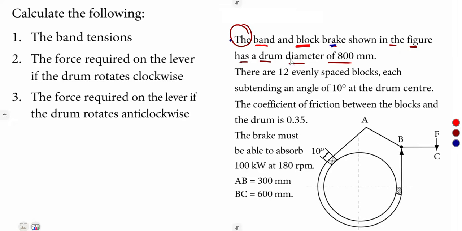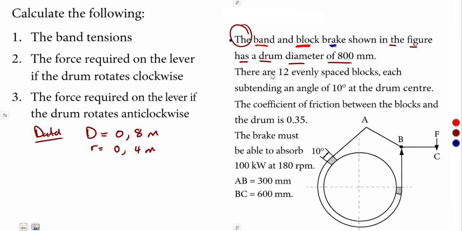So the drum diameter is given. Let's convert to meters, divide by 1000, so that's 0.8 meters. And thus we can have the radius, divide by 2, that's 0.4 meters.